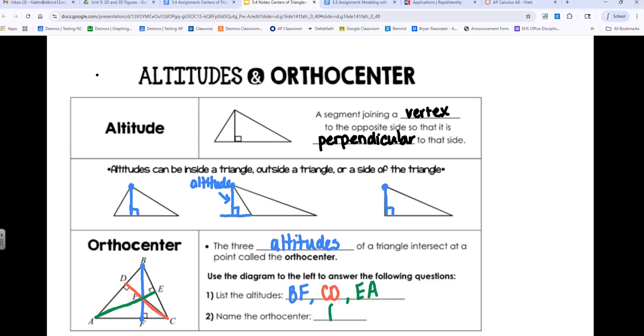And the orthocenter here is P. Okay. Let's add this to our note card as well, our little half note card we've got there.